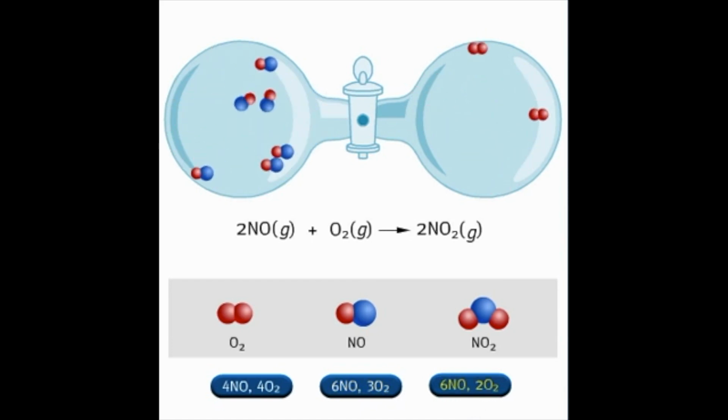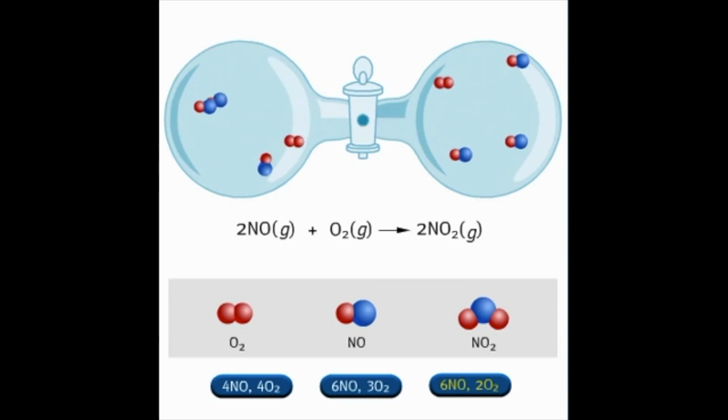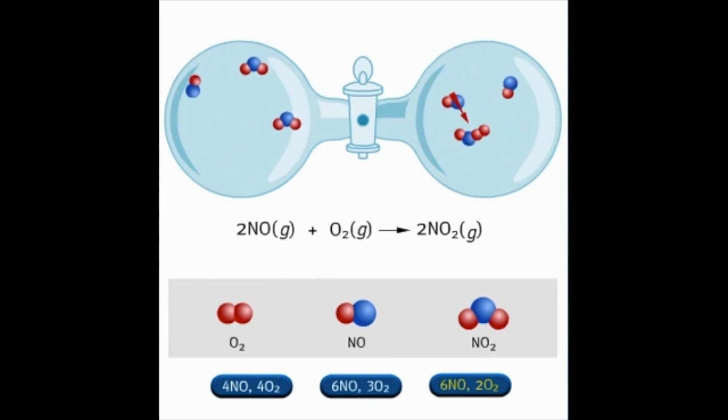Nitric oxide and oxygen gas are reacted in a 3-to-1 mole ratio. There are 6 molecules of NO in the left bulb and 2 molecules of O2 in the right bulb. The valve separating the bulbs is opened, allowing the gases to mix. The reaction occurring is 2NO plus O2, producing 2NO2. 2 molecules of O2 are reacting with 6 molecules of NO. The 2 molecules of O2 only require 4 molecules of NO for reaction.